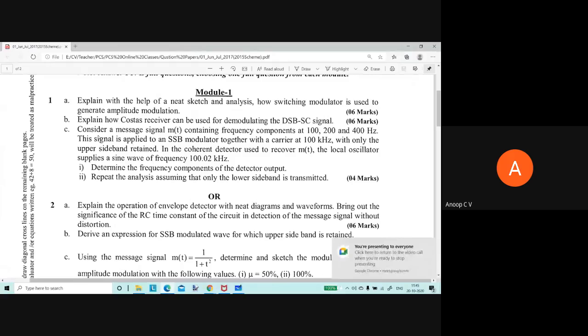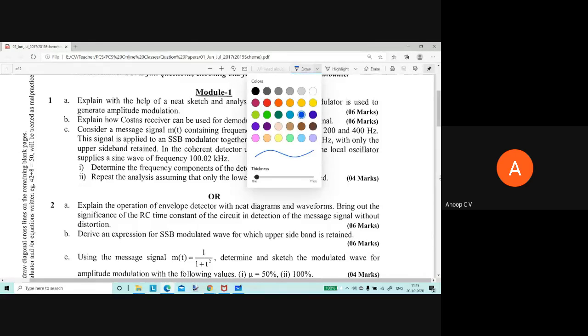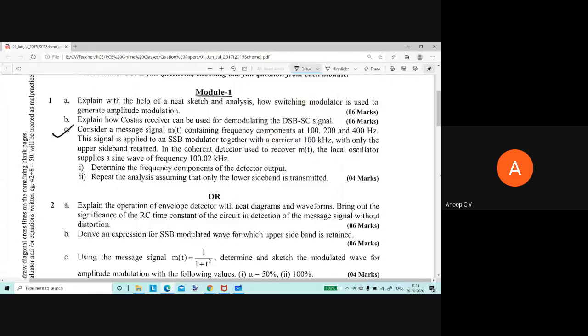So this Costas receiver is discussed, and if you see this particular problem, the next problem, this problem was what we solved in the last class, and I've posted the solved example. The second part of the problem, I told it will be an assignment.